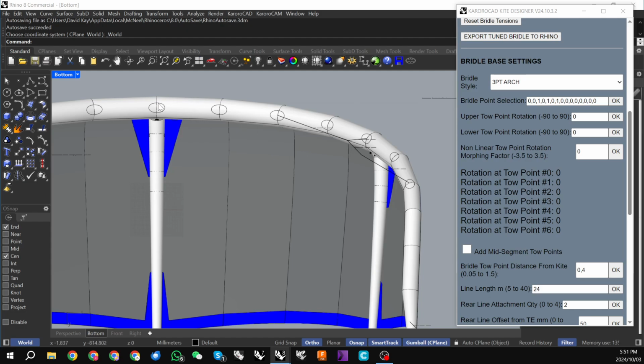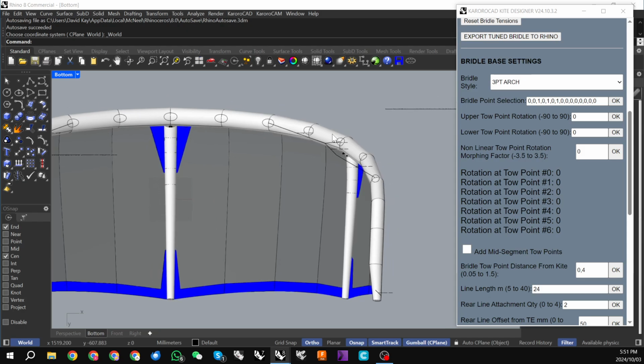So that has worked very well up until this point, and along with the bridle tuning tools in KaroroTune have been sufficient to create some very well performing kites.